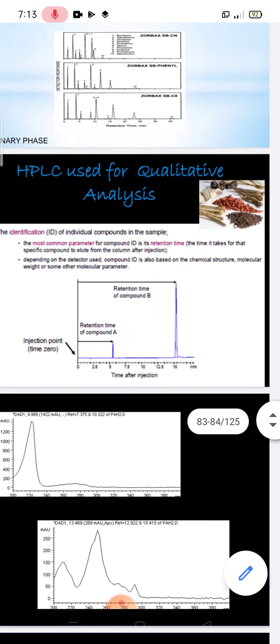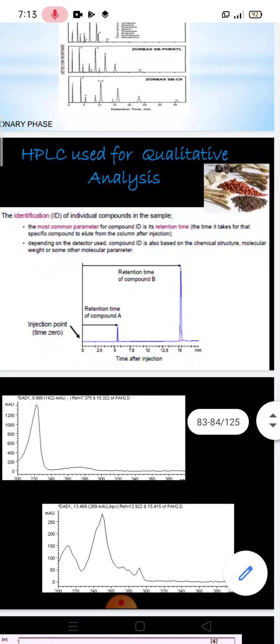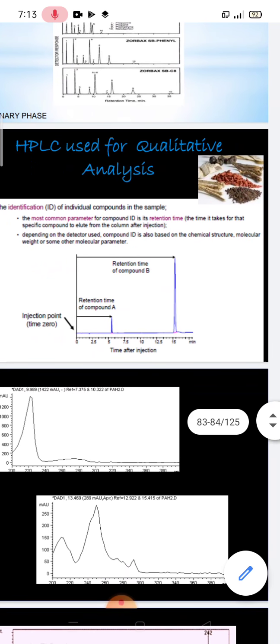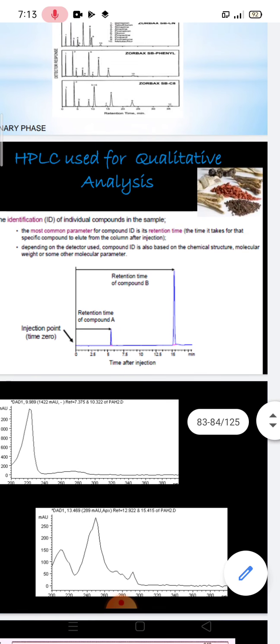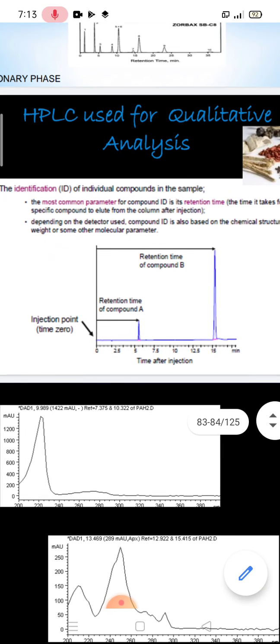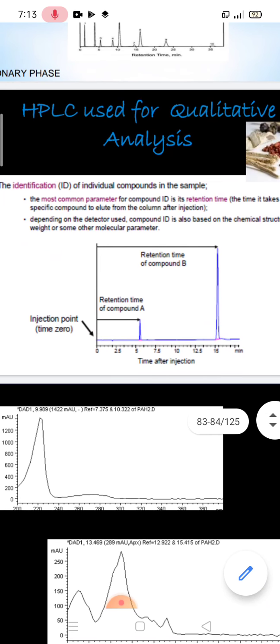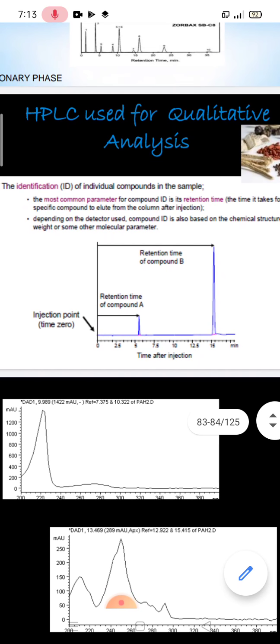Depending on the detector used, compound identification is also based on the chemical structure, molecular weight or some other molecular parameter. You can see here the retention time of component B and the retention time of component A have been shown.